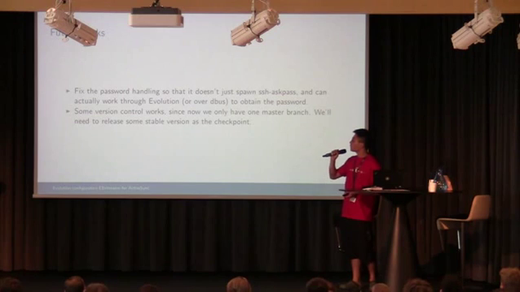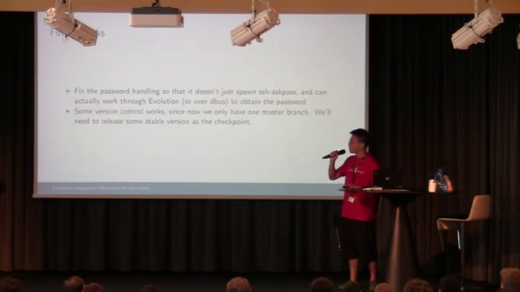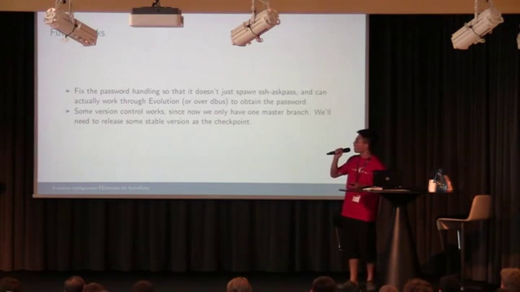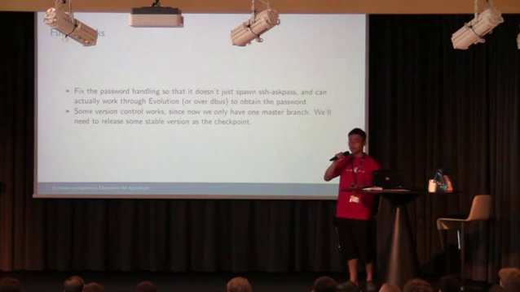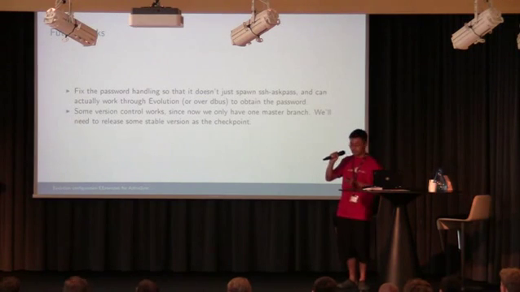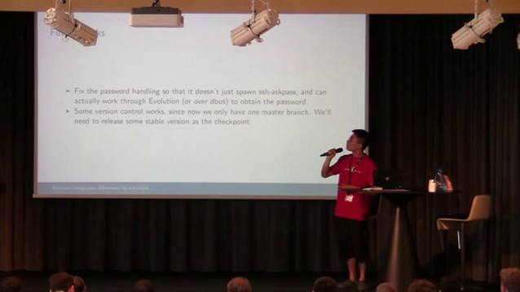The next thing is some version control work. Since we only have a master branch now and we don't have any versions, we have to do some version control, and we can release some stable versions so that we can make checkpoints or something like that. And that's all of my report.